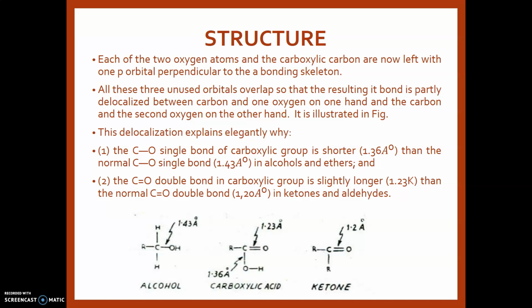This is illustrated in the figure with this orbital structure, and this delocalization explains elegantly why the C-O single bond is shorter: 1.36 angstrom, compared with the C-O single bond of alcohol.